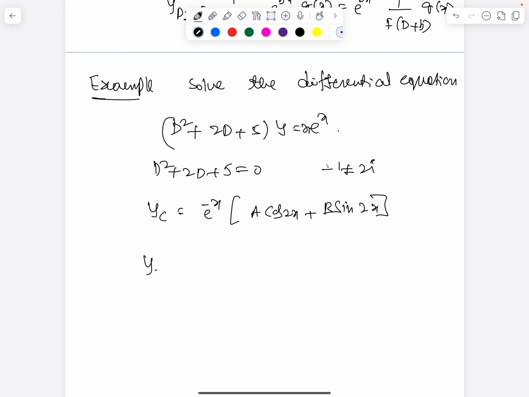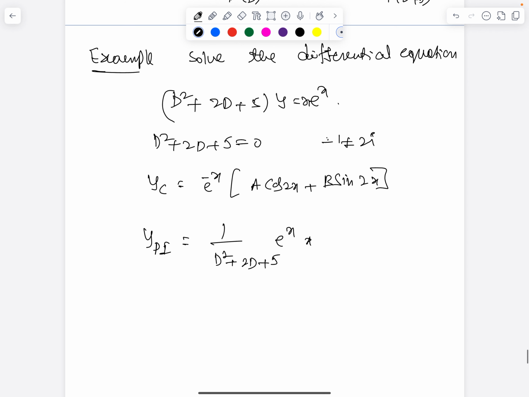And now to find ypi, you are writing 1 by d square plus 2d plus 5 e power x and then x into. So now you see e power x. Usually it must be e power bx. B is 1. So what have we done? Earlier we replaced d by d plus b.